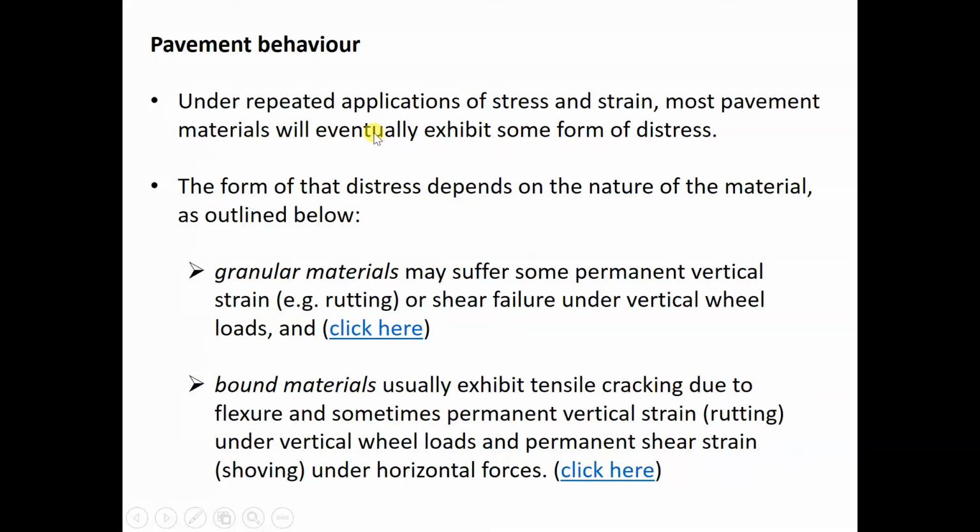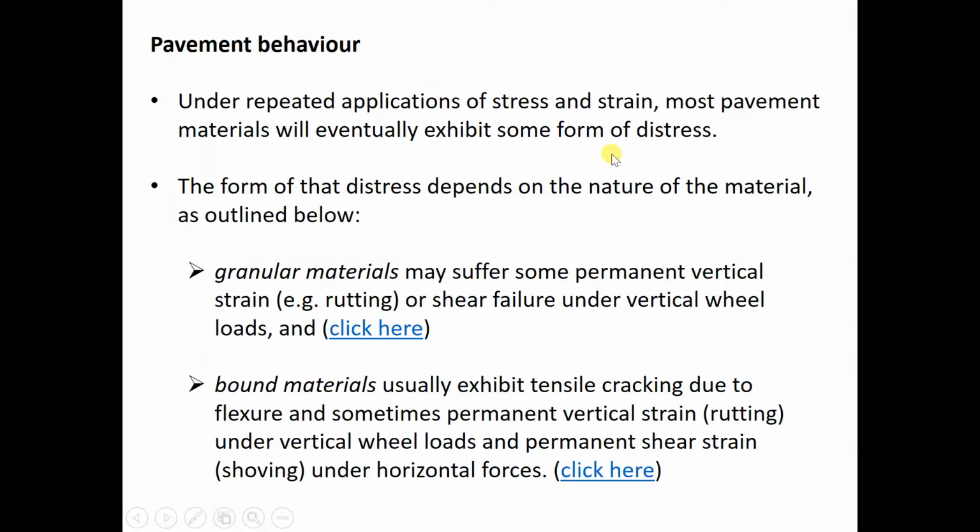Under repeated application of stress and strain, most pavement materials will eventually exhibit some form of distress. So in the course of time, 2 years, 3 years, 5 years, 10 years, there will be some form of distress, in the form of deformations or cracks, and other things like edge break or potholes.